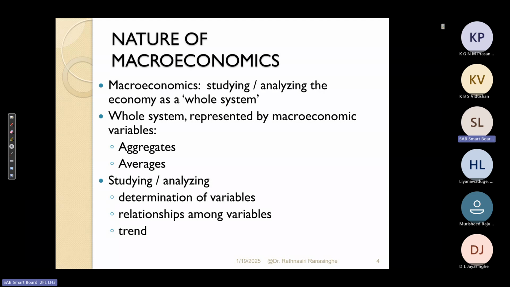Basically, we analyze the overall economic behavior by looking at the behavior of the economic aggregates and the averages. The aggregates are aggregate demand, aggregate supply, aggregate expenditure, aggregate income. The averages are the prices.